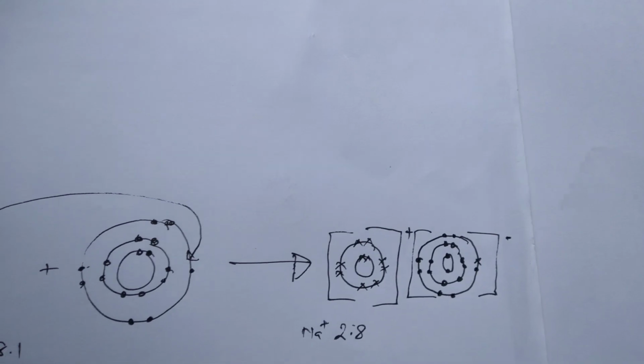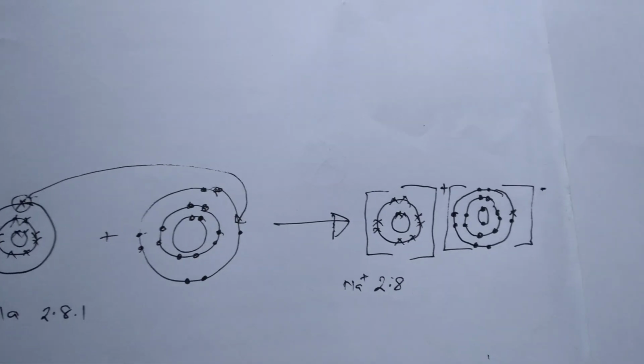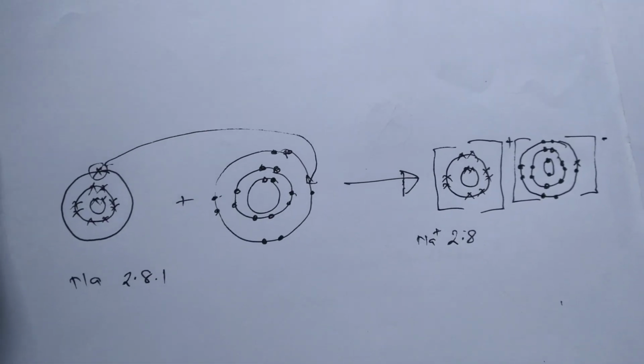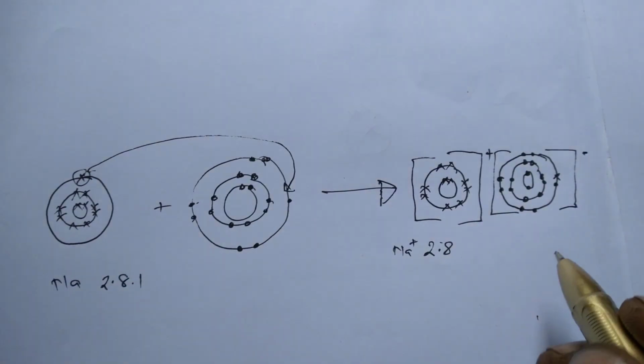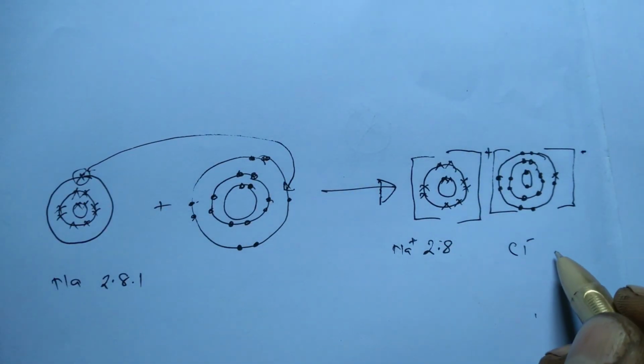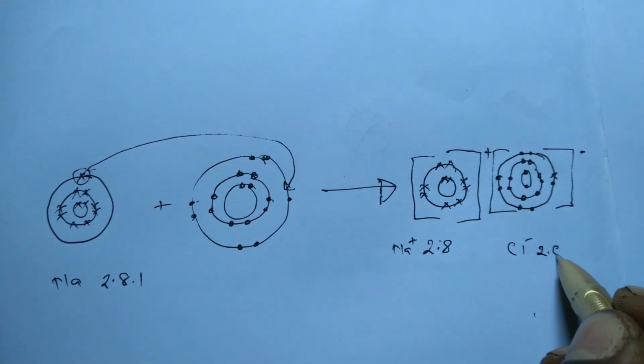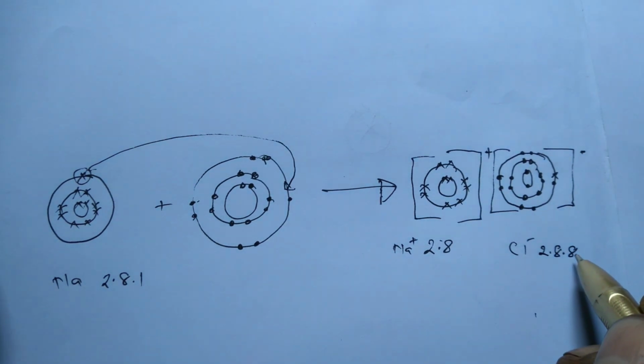That's how it looks in terms of structure: chlorine with a negative sign, and the configuration will be like that.